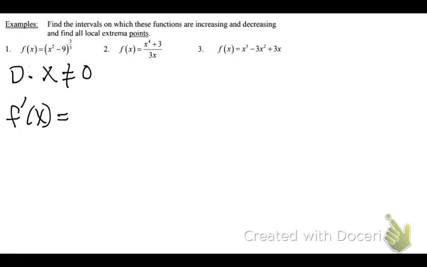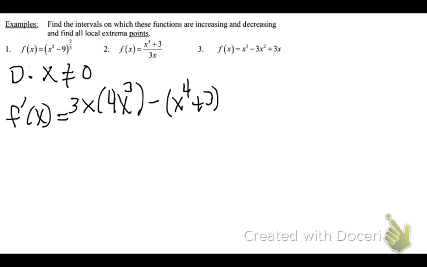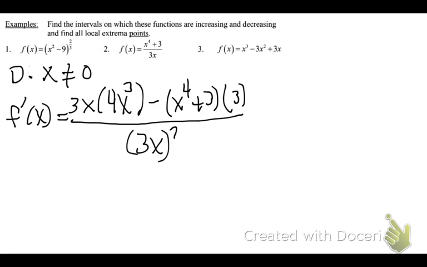So the quotient rule says that we have low d high, so the derivative of the numerator is 4x cubed plus 0, less high, which is x to the 4th plus 3, d low, derivative of the denominator is 3, all over the denominator squared.